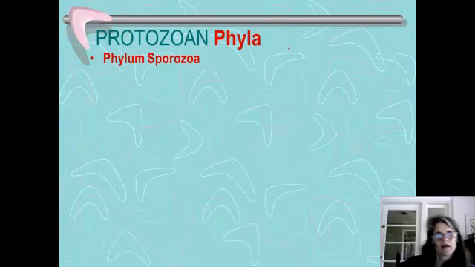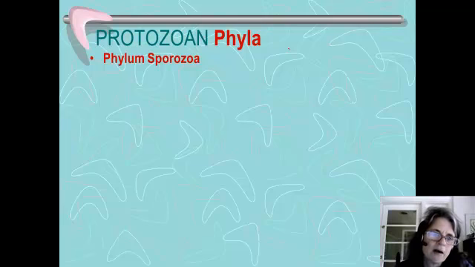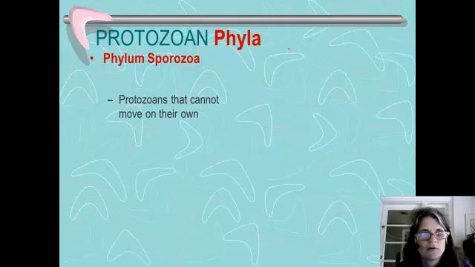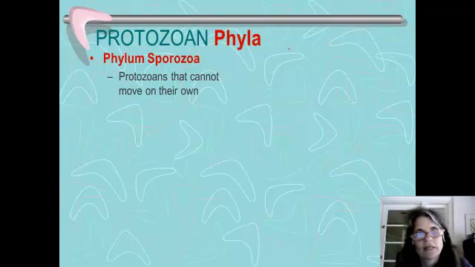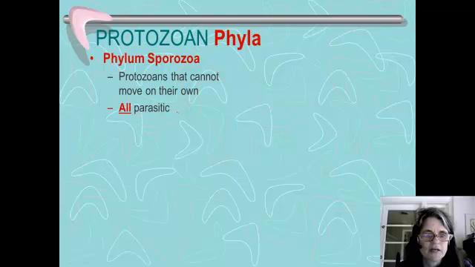All right, finally, the last animal-like protist that we will talk about is from phylum Sporozoa. And if animal-like protists are classified according to how they move, these don't move, at least not on their own. They can, of course, be carried, but they cannot move on their own. All of them are parasites.